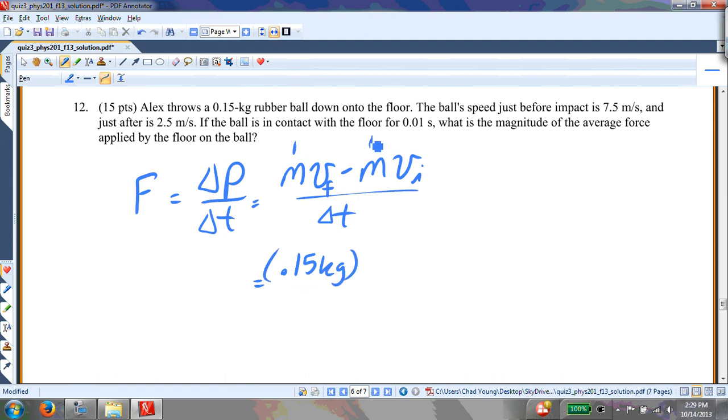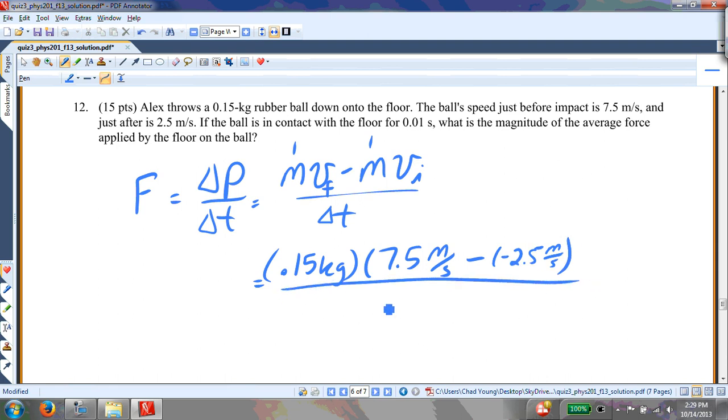So I get 0.15 times Vf, which is 7.5 meters per second, minus Vi, which is negative 2.5 meters per second, divided by delta T, which is 0.01. Notice my ball is going down initially, 7.5 meters per second.